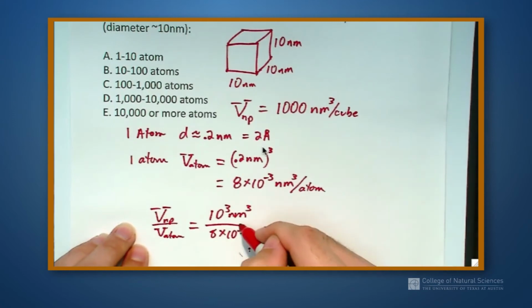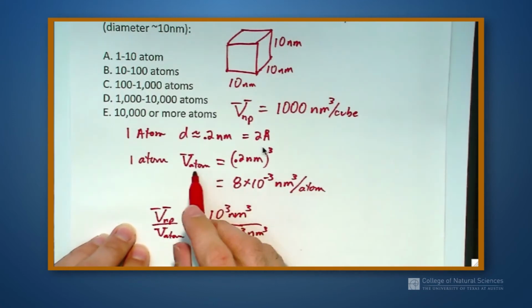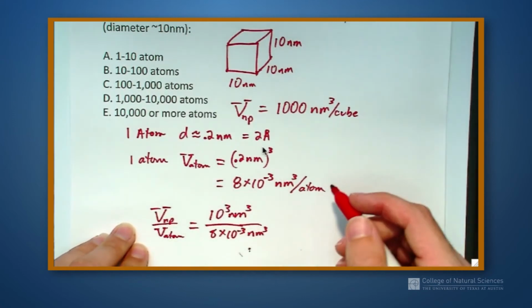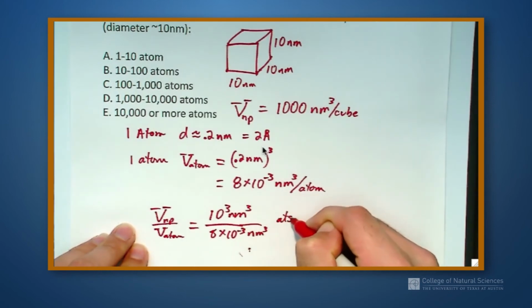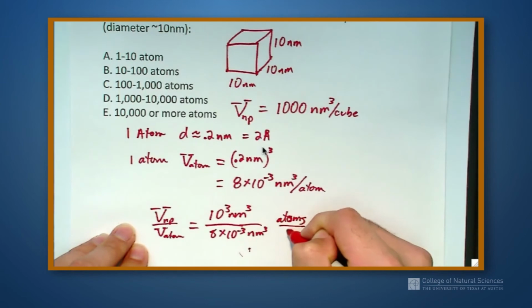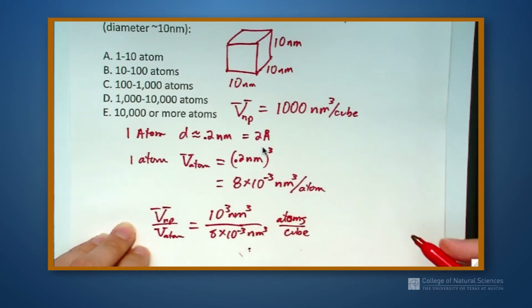And if I use all the units that I put down, which were not necessarily a true volume, I'll see that this gives me atoms per cube, or per nanoparticle.